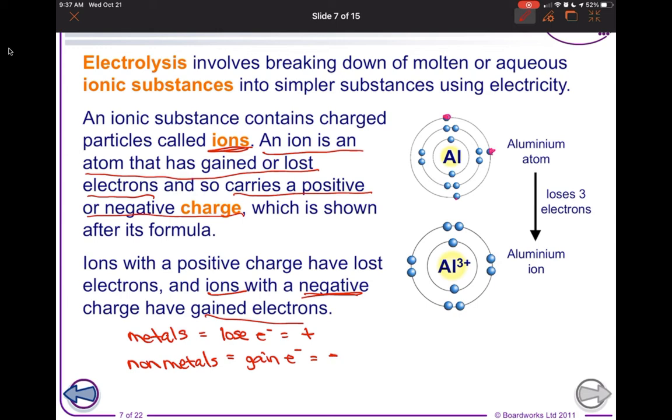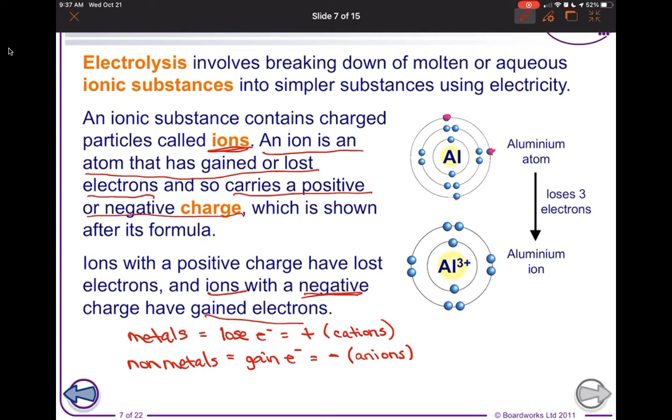So that means they're always going to be the negative ion within your substance. And remember, these ions have specific names. And if you don't remember that, you need to write it down. Negative ions are always called anions. Positive ions are always called cations.